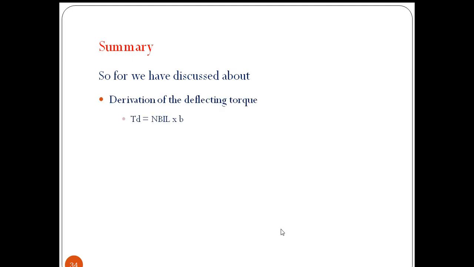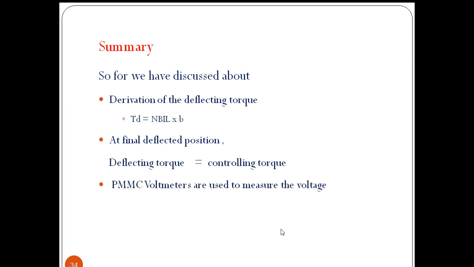In this video class, we mainly discussed the derivation of deflecting torque. The expression is TD equals NBIA, or NBIL into B, where N is the number of turns, B is the flux density, and I indicates the current flowing through the coil.